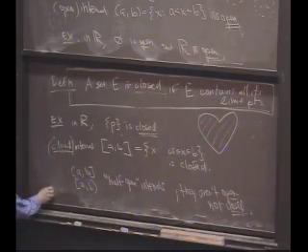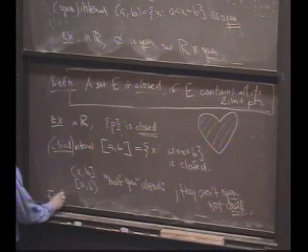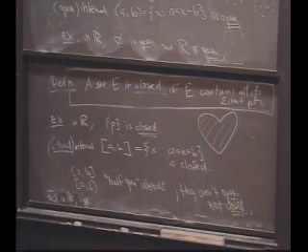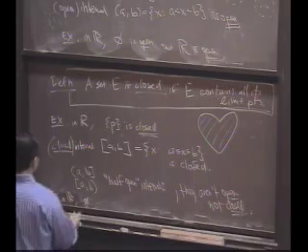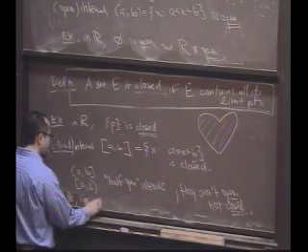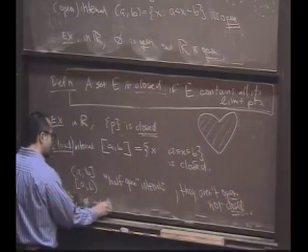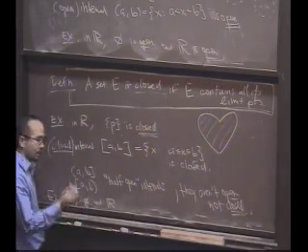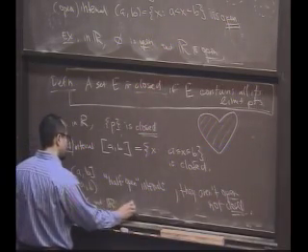Here's another example. In the real line, is the empty set closed? Yes. Why? It contains all of its limit points, which are none. There are no limit points. Is the entire real line closed in itself? Does it contain all of its limit points? Clearly, they're both closed.